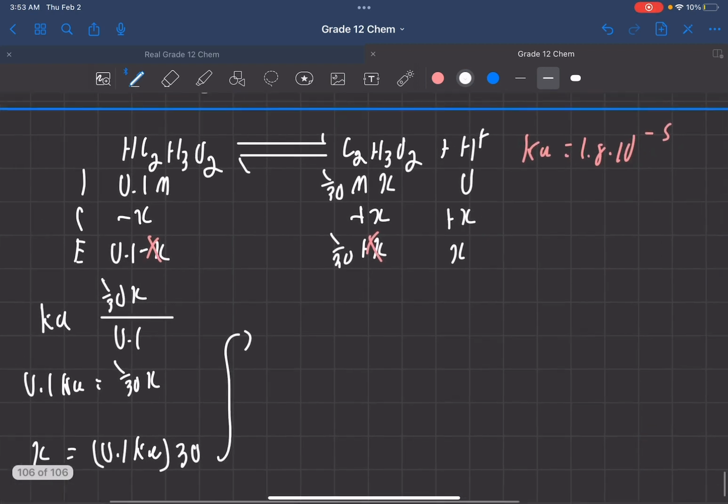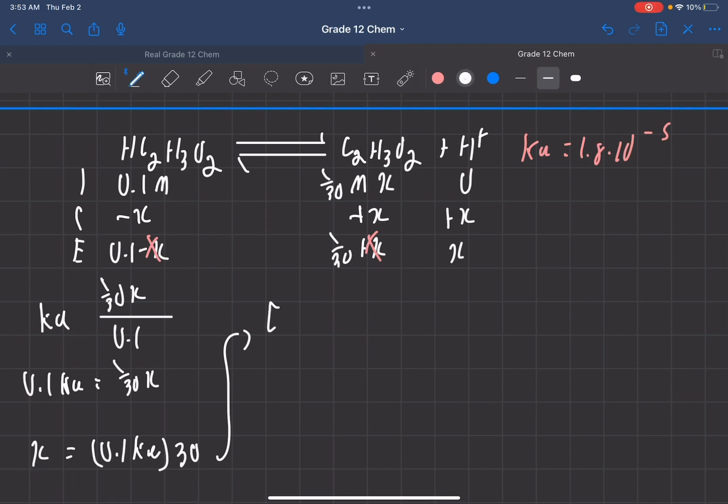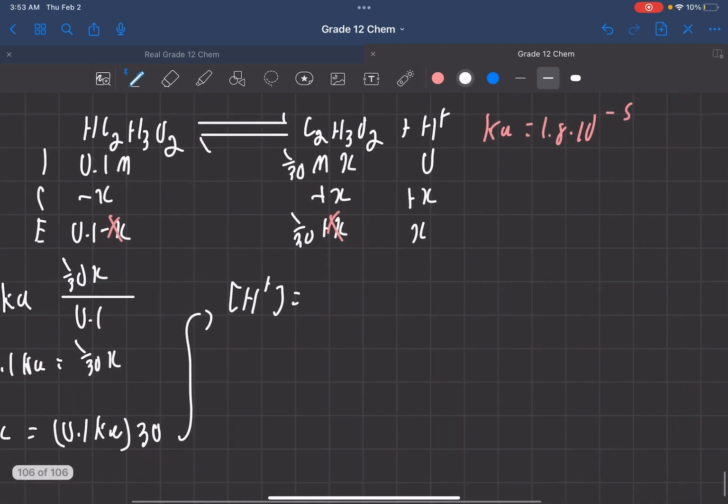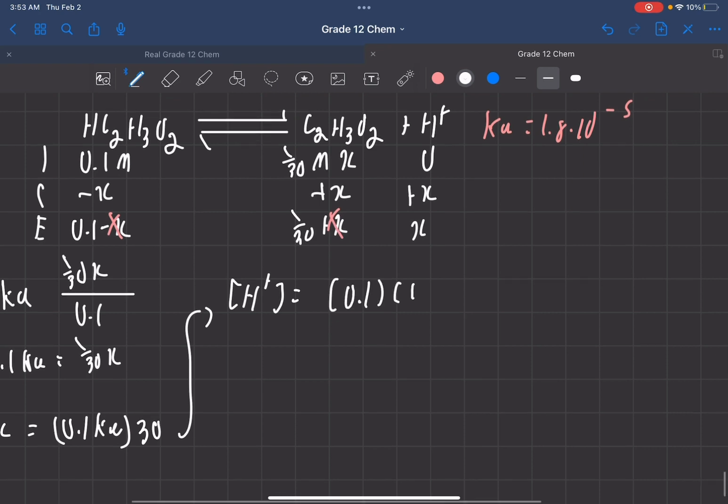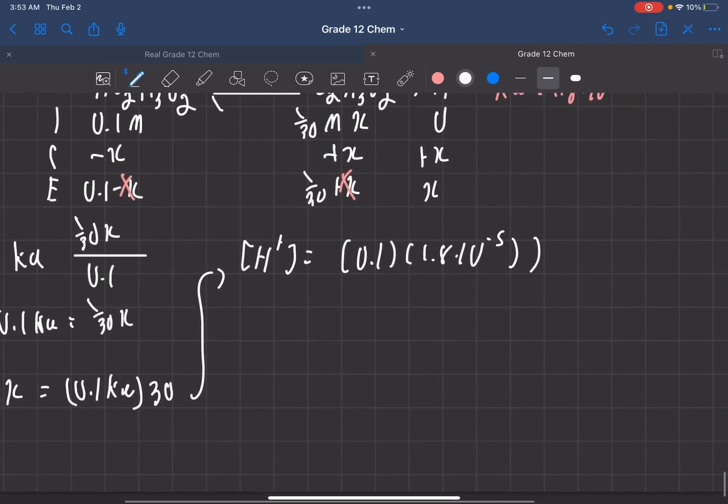And x is also our hydronium. So our hydronium is equal to 0.1 times the Ka, 1.8 times 10 to the negative 5, and then times 30.